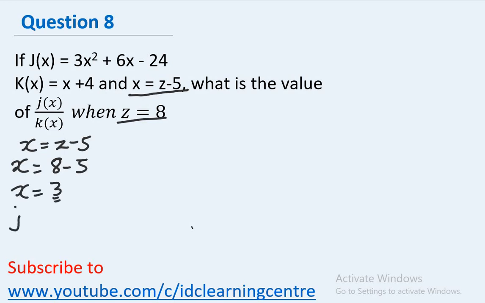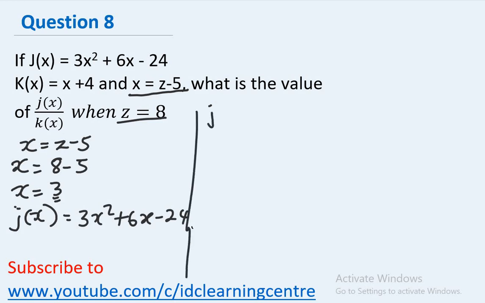In the equation, j of x equals, for j you have 3x squared plus 6x minus 24. When x is 3, you now have 3 times 3 squared plus 6 times 3 minus 24.